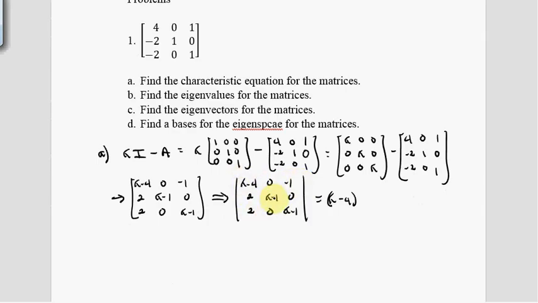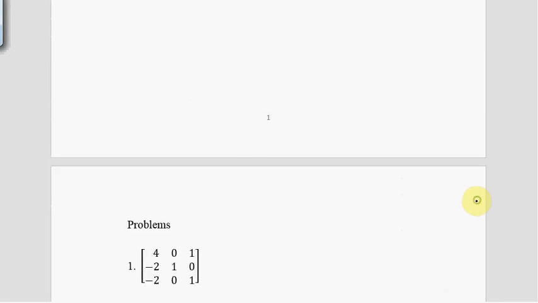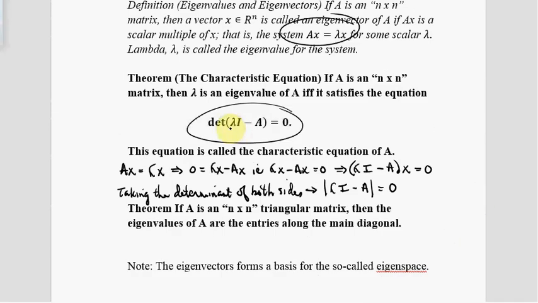This is lambda minus 1 times lambda minus 1 minus 0. So this is lambda minus 1 squared. Then I come to the negative 1, delete its row and column. I have left 2 times 0, which is 0, minus 2, it's a negative, times lambda minus 1. That's set equal to 0, because we're looking at the characteristic equation.